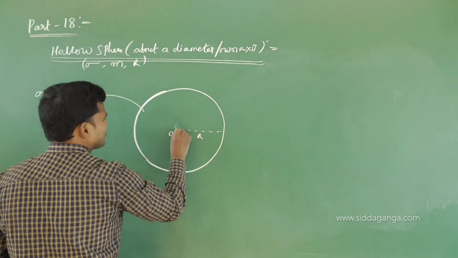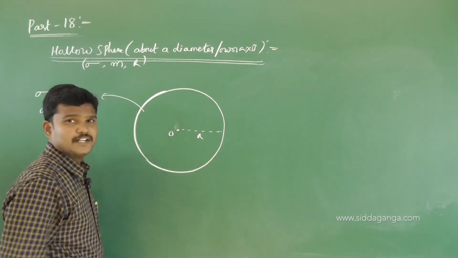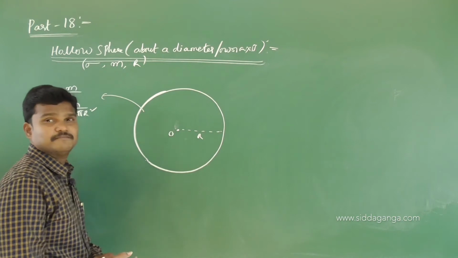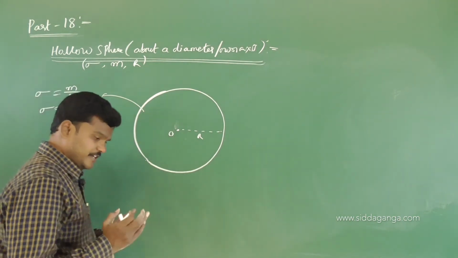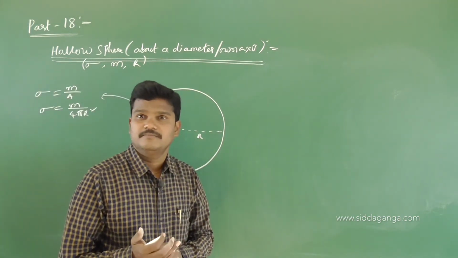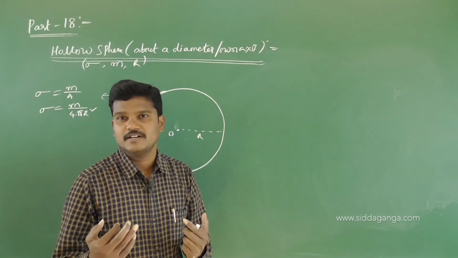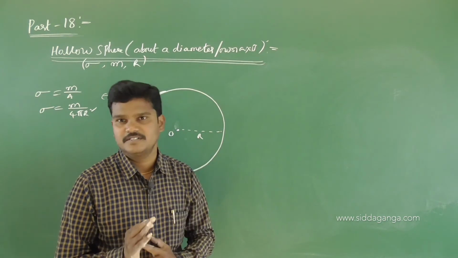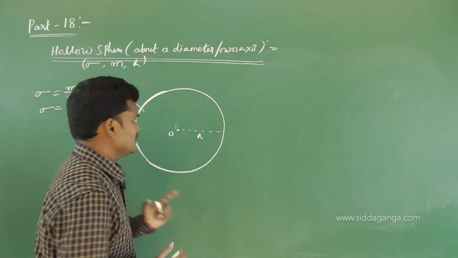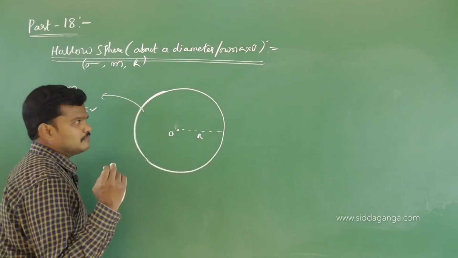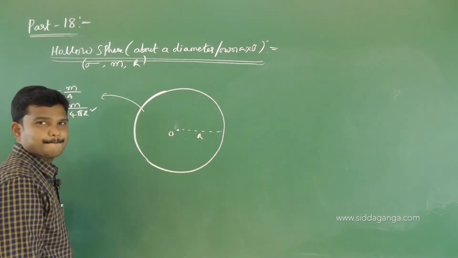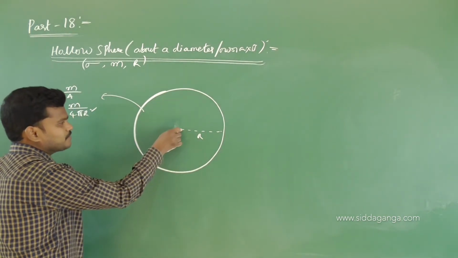To find this moment of inertia, let us take a small part, find the mass of that small part, and later substitute proper limits and apply integration, and we will get the answer. See, this is the process. Now let us find the mass of that small part. To find that, let me take a small part like this.